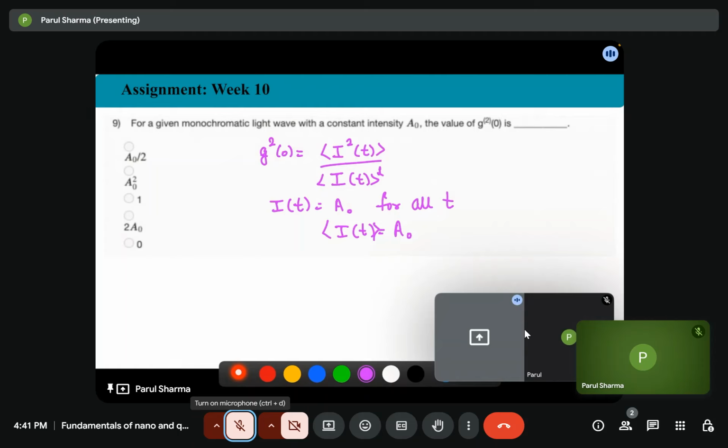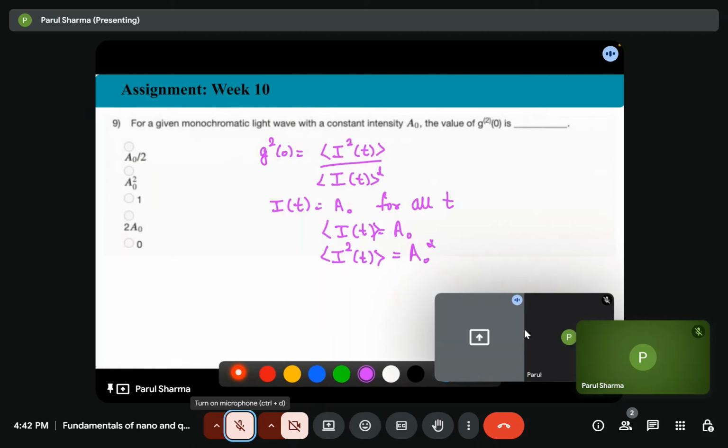I(t) squared, that is I squared(t), is equal to I naught squared here.